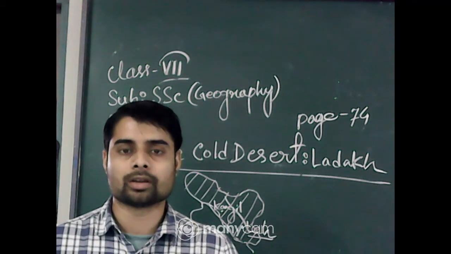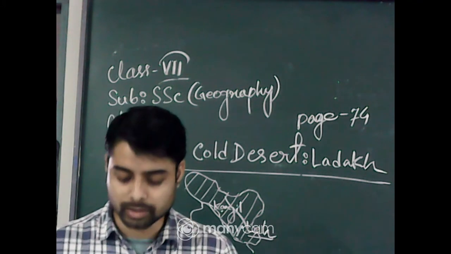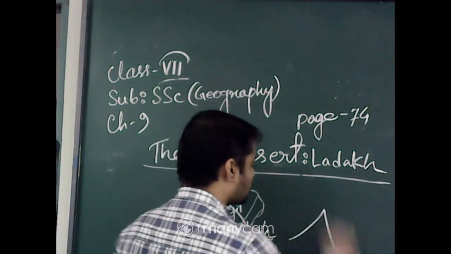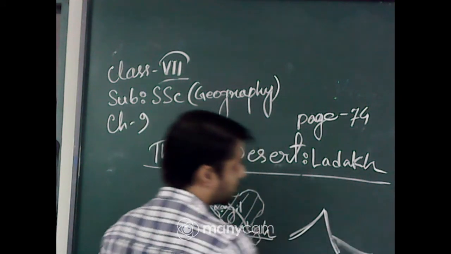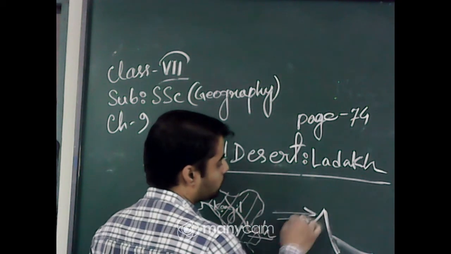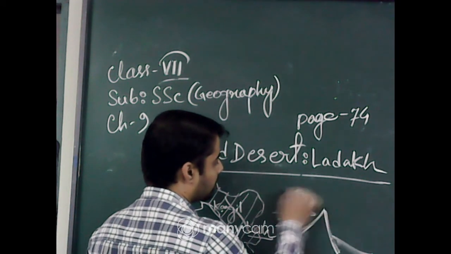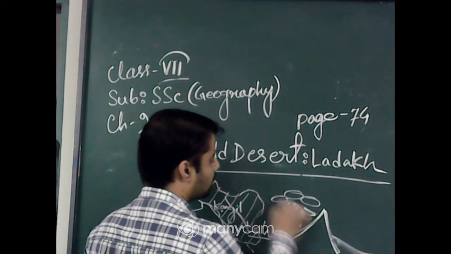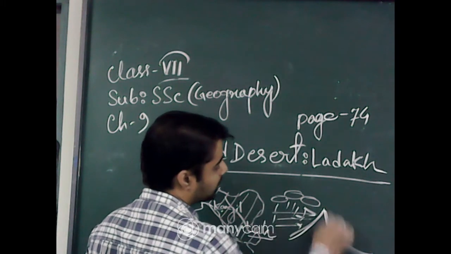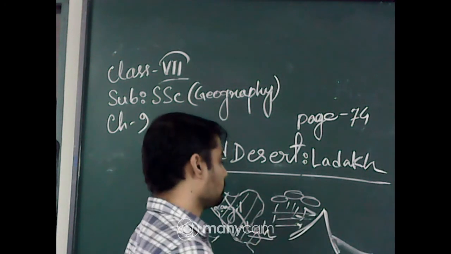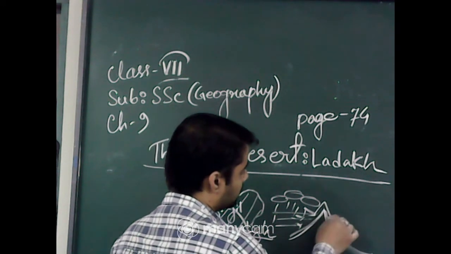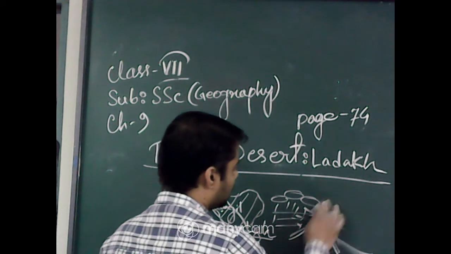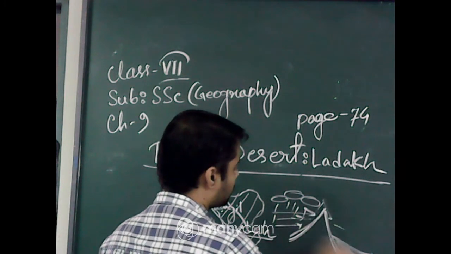Rain shadow means one side is mountain and the other side is the rain shadow region. The monsoon wind is stopped by the Himalayas and makes some cloud and rainfall there, but the other places are totally rainless, because the wind cannot cross this region because of the height of the mountains.